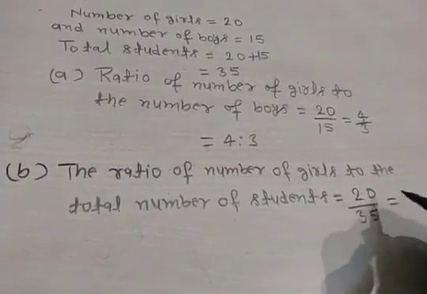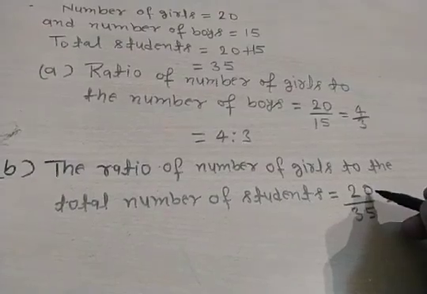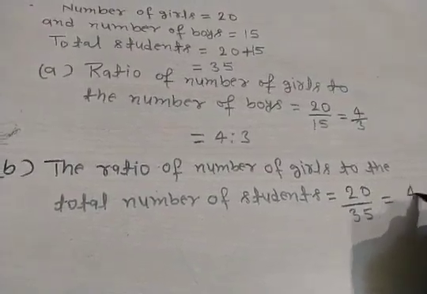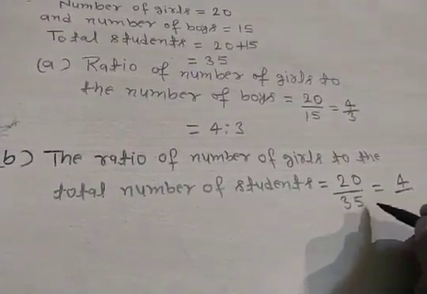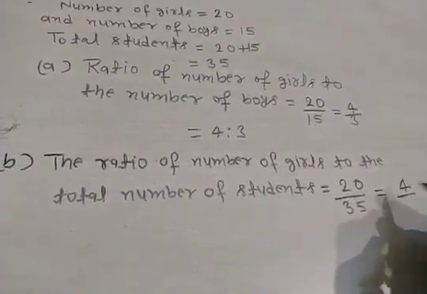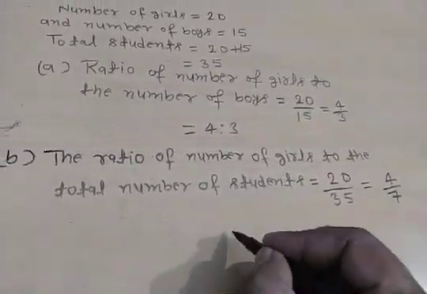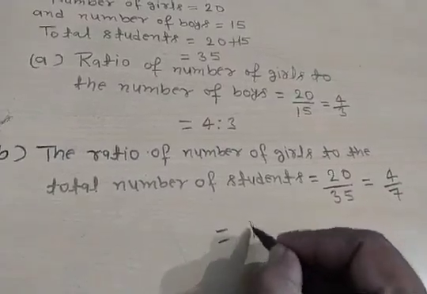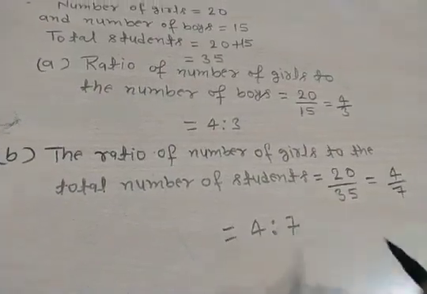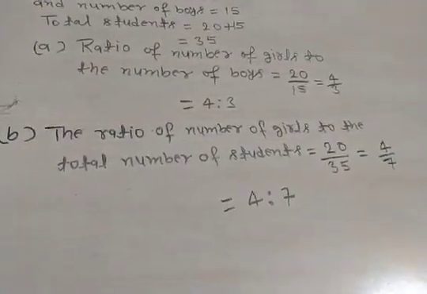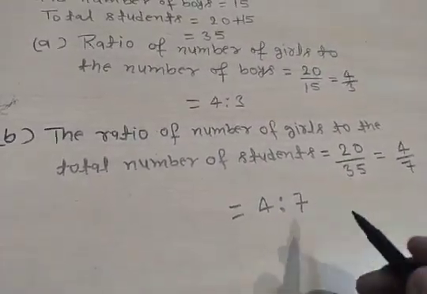This is a form of fractions. So here we divide 20 by 5, so upon 4, and we divide 35 by 5, upon here 7. Clear? So what is the ratio? So we simply write 4 ratio 7. Clear? First we simplify it. After this we write in ratio, and we read it 4 ratio 7.